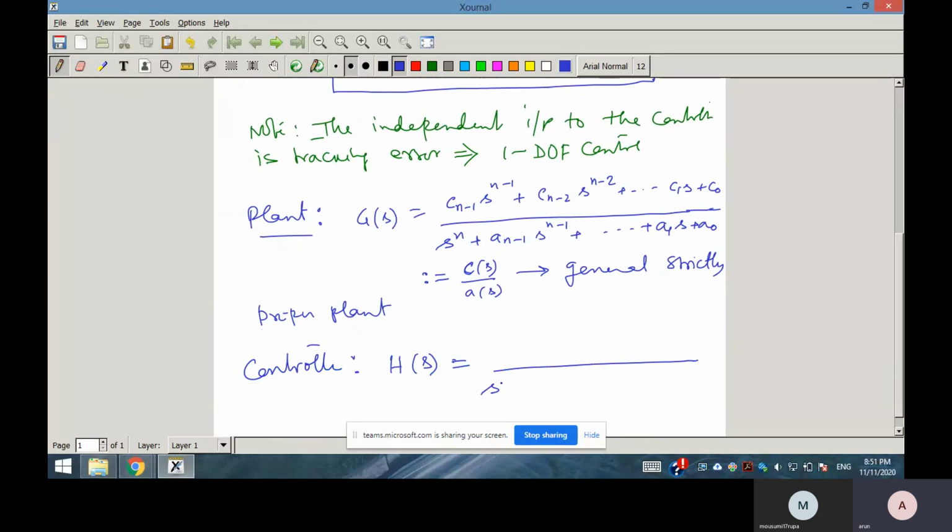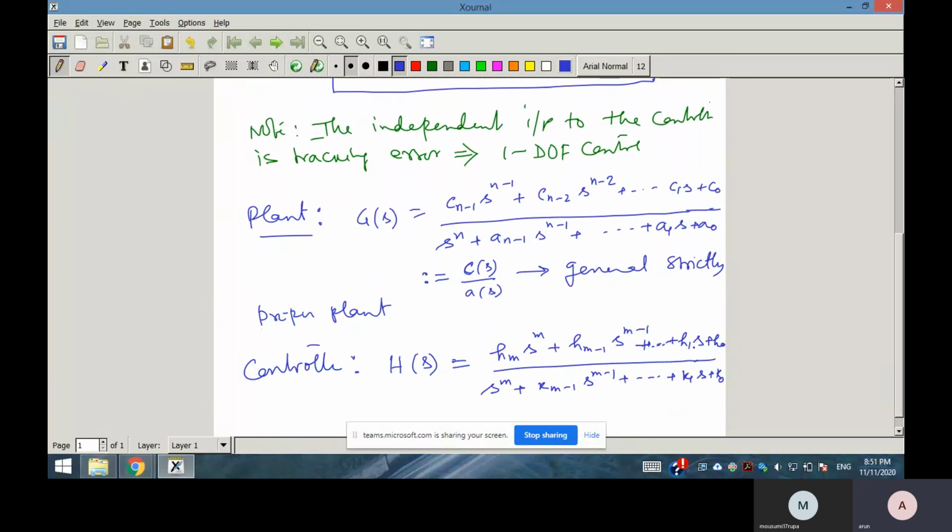This is an mth order controller: in the numerator h_m s^m plus h_{m-1} s^{m-1} plus dot dot dot plus h_1 s plus h_0, and in the denominator s^m plus k_{m-1} s^{m-1} plus dot dot dot plus k_1 s plus k_0.